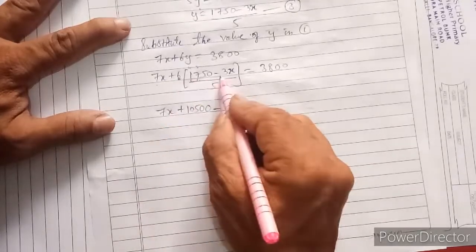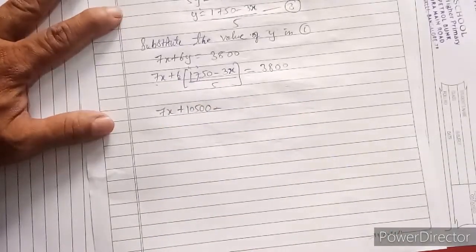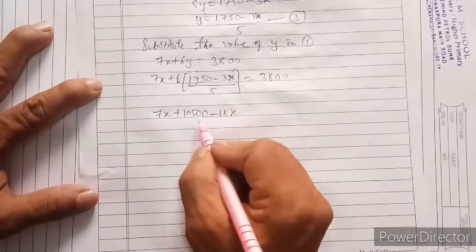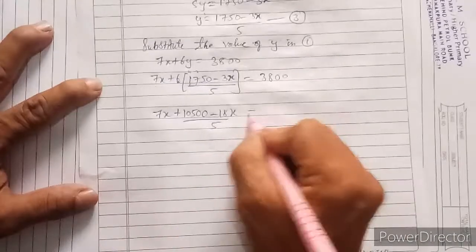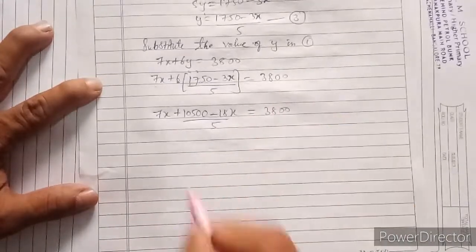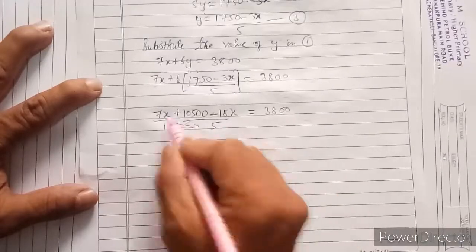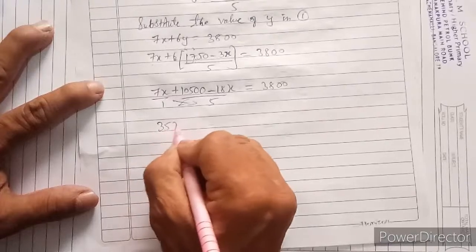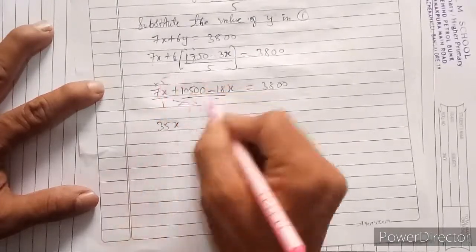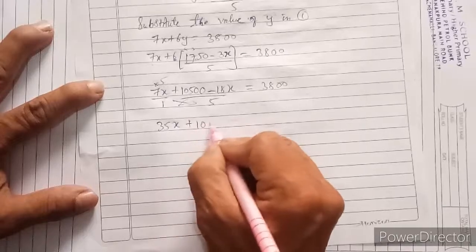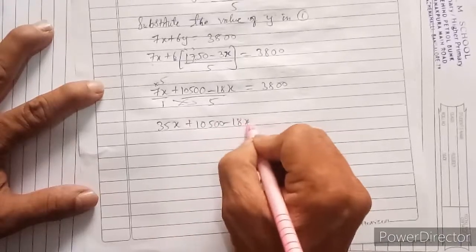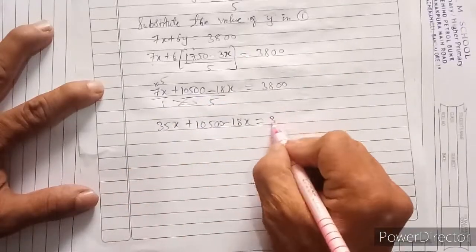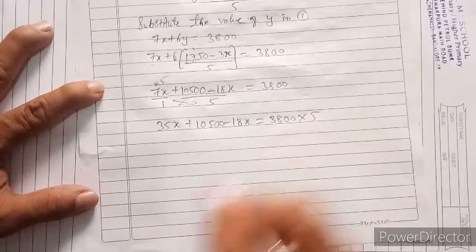Minus 6 3s are 18x, and the denominator 5 should be as it is, equal to 3800. Here there is a fraction, so the 5 should go to the other side: 7 into 5 is 35x, plus 10,500 minus 18x is equal to 3800 into 5, right?